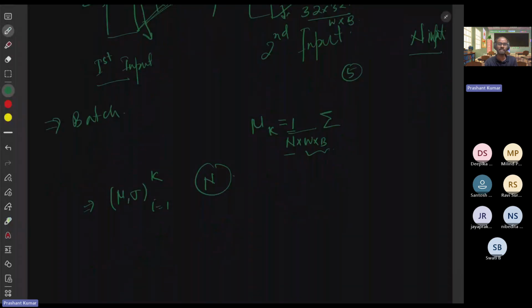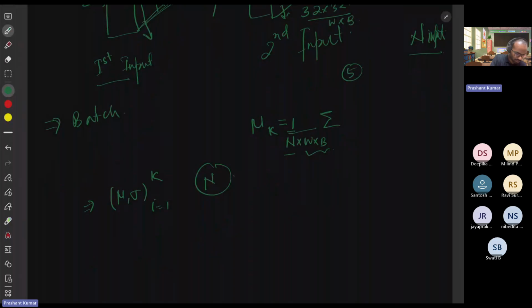Otherwise, that will not be batch training, right? It's stochastic training. And if we were passing all thousand inputs at a time, then mu and sigma will be the same every time, so we do not have to care about covariate shift in that case, right?